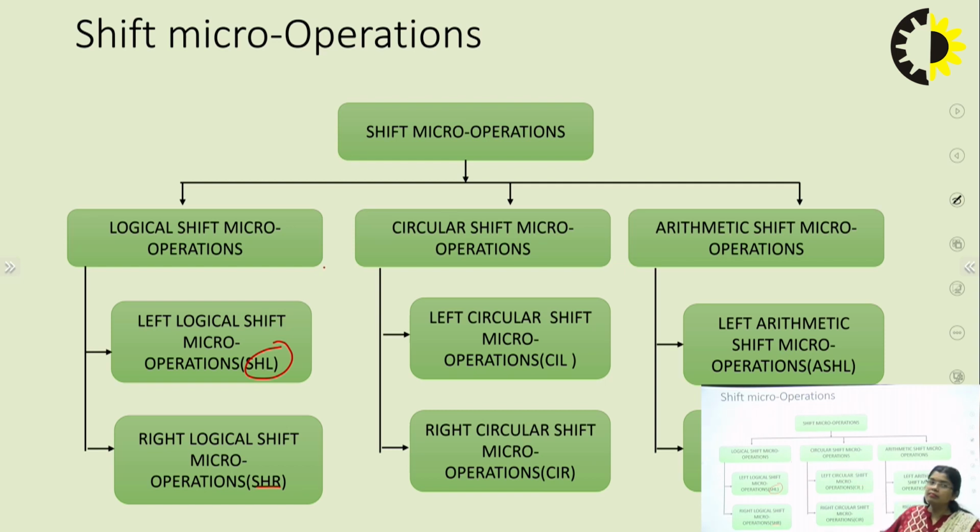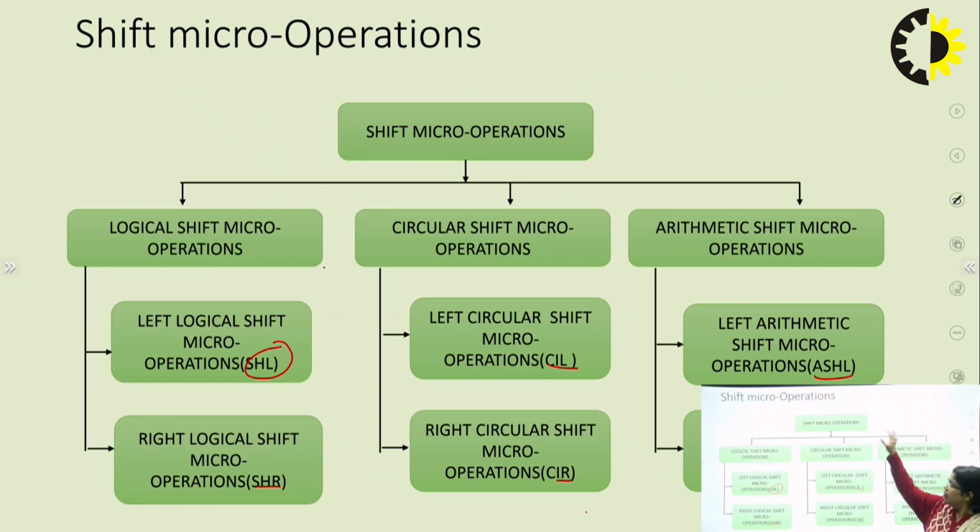The next one is the circular shift micro operation, again with two types, written as CIL and CIR: the left circular shift and the right circular shift. And the next one is the arithmetic shift micro operation, again with two types, ASHL and ASHR: the left arithmetic shift and the right arithmetic shift micro operation.